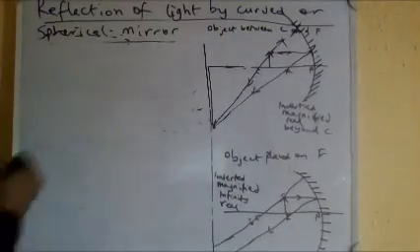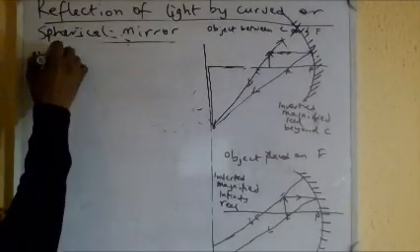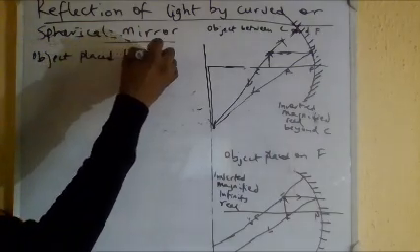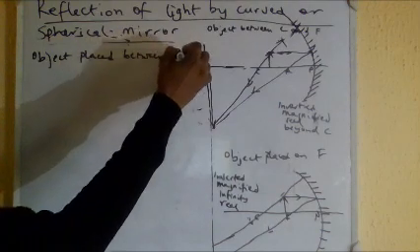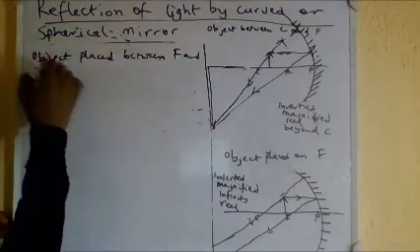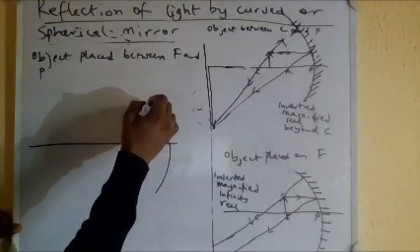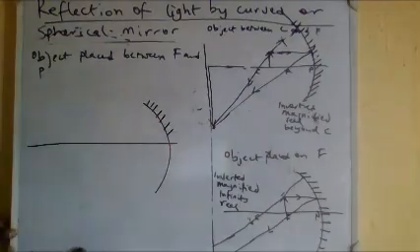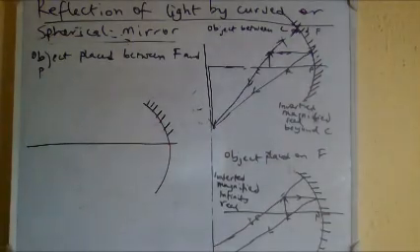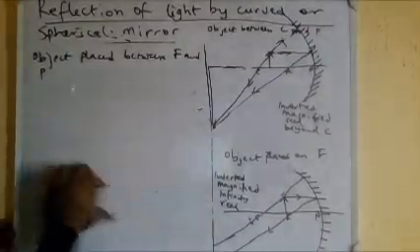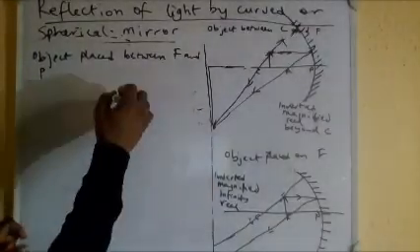So object placed between F and P. So I will draw it like this. Okay, let me just reconstitute. Okay, so this is the mirror.